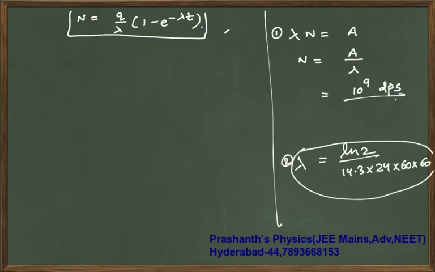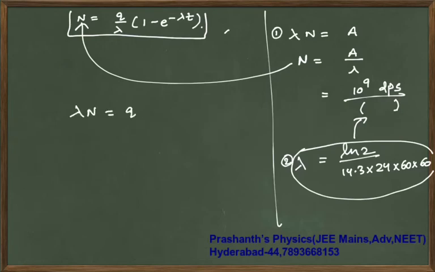You get the value of lambda, substitute into this expression, and you get the value of n. Once you have n, substitute it here: lambda into n is Q, already known, times e power minus lambda into t. From here solve for t.